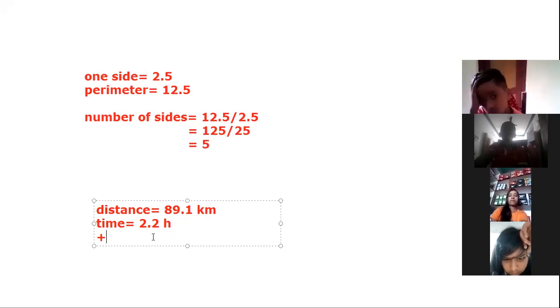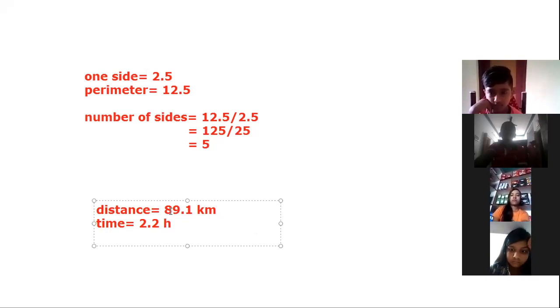So here we have given the distance in 2.2 hours. First of all, we have to find the distance covered in 1 hour.